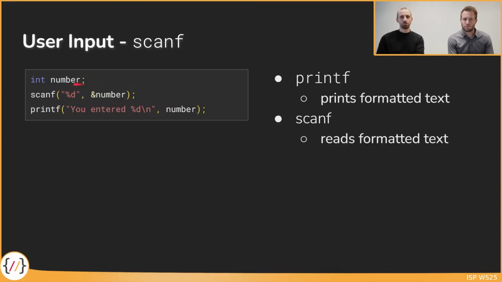You create an integer number, and then you say scanf %d, which again means it's an integer. You need the address of operator for this number so that scanf knows it should write the value you have entered into this variable, and then you can use printf to print out the value.